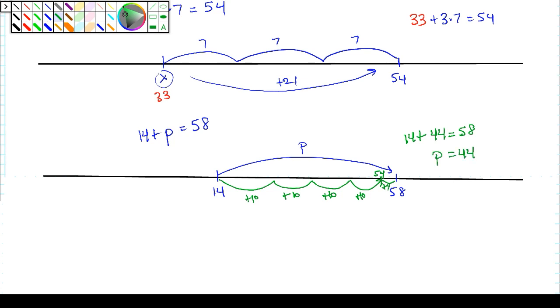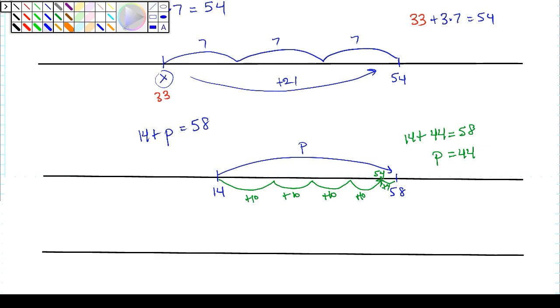Let's do one more example. Let's get that number line out there. And I'm going to do y minus 84 equals 29. So I start with some big number y, and I subtract 84, and I get to 29. So to find out what this y value is, it looks like I must have to go forward by 84 units.